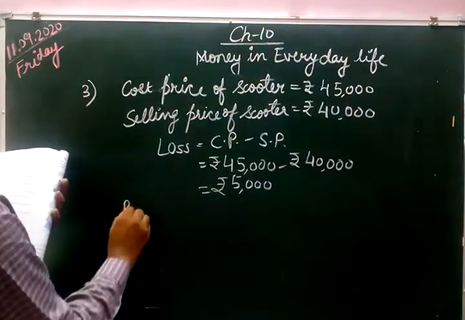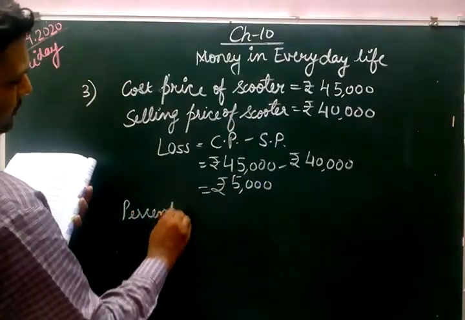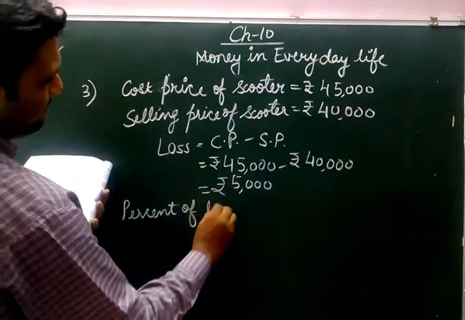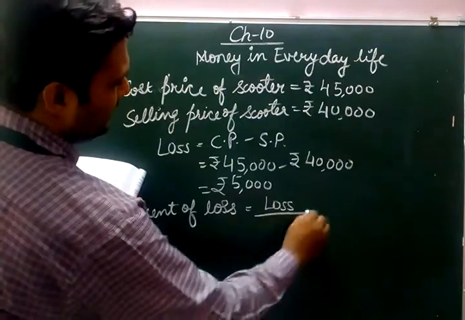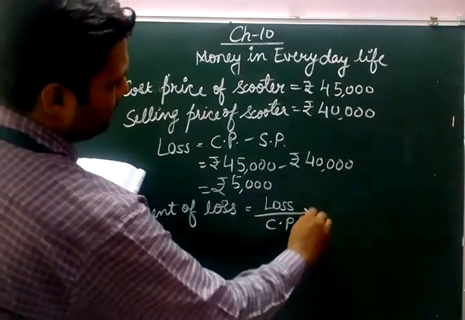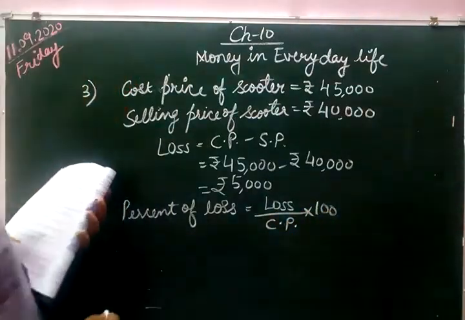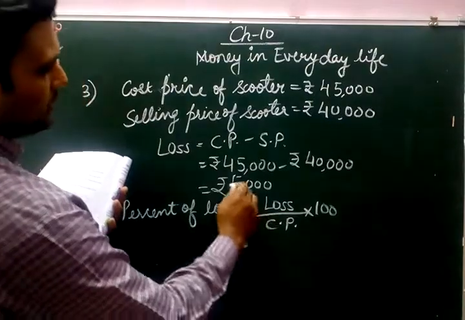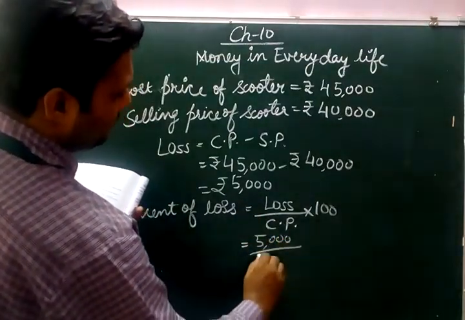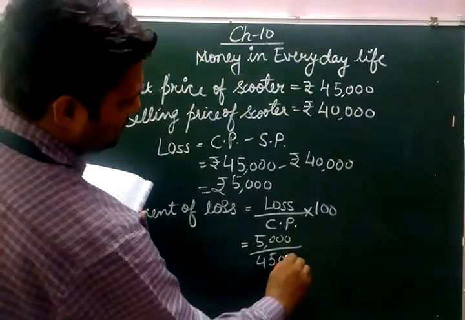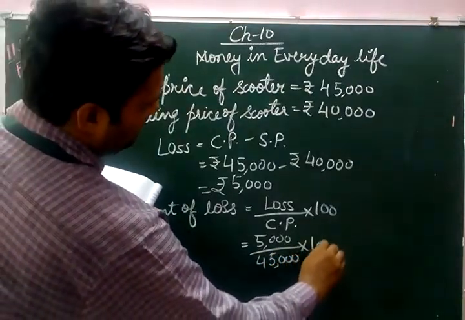Now we have to find the percent of loss, which is loss divided by cost price multiplied by 100. What is the loss? 5,000 rupees divided by cost price. What is the cost price? 45,000 multiplied by 100.